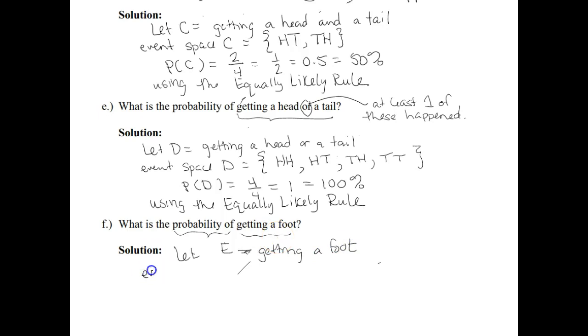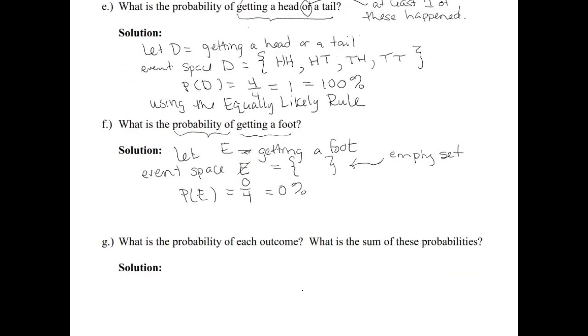So in this case our event space E is what we call the empty set. So we've got the set notation with nothing in it. The probability of this event happening is 0 chance out of 4. This absolutely can't happen. If we flip a coin twice, we're not going to get a foot. That's just even weird to say out loud. So again, 0% chance.